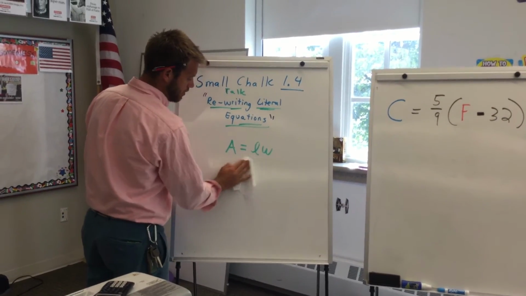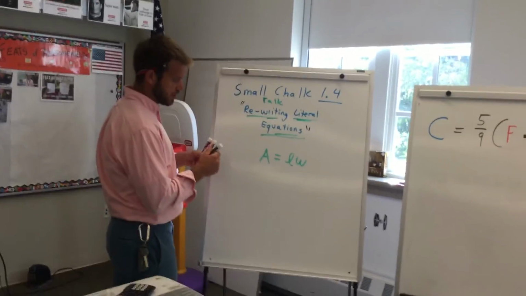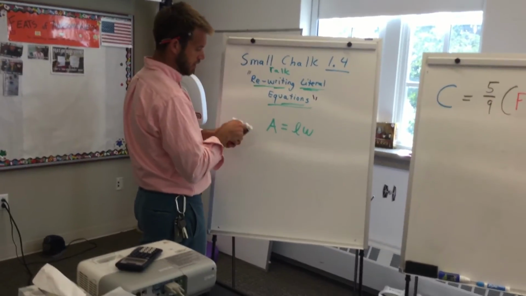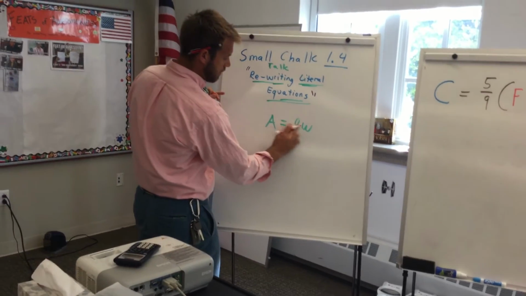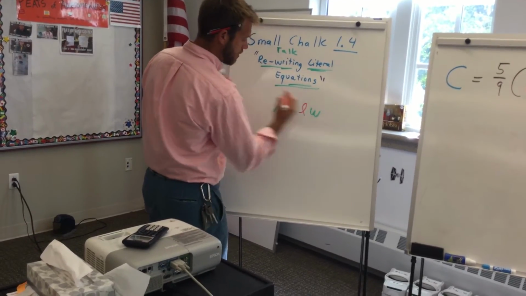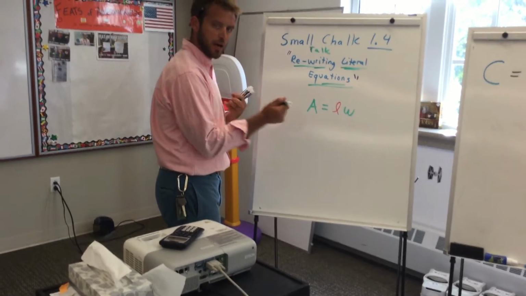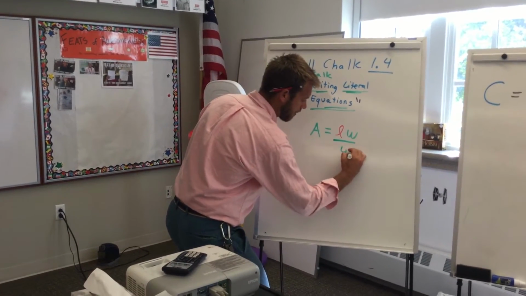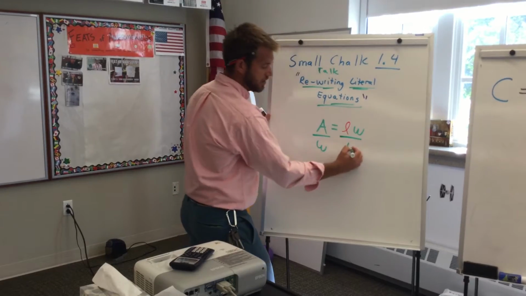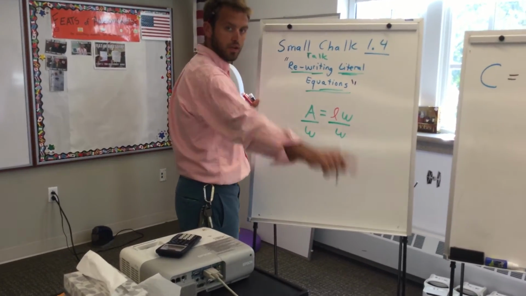Something else that you can do, that leads into another skill later, is you can rewrite this formula to solve for what you're missing. So if we say we're missing L, we can just use what we know about inverse operations. I can divide by W, and any number divided by itself is the number 1.